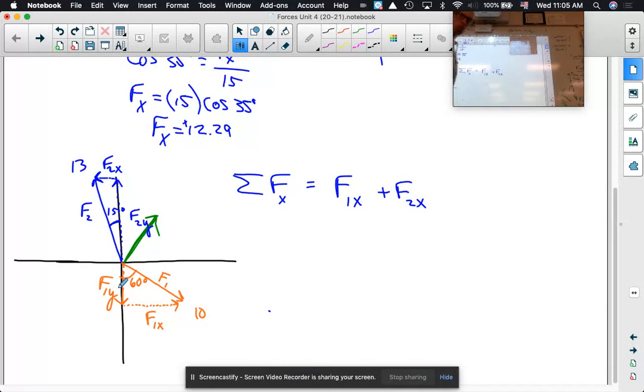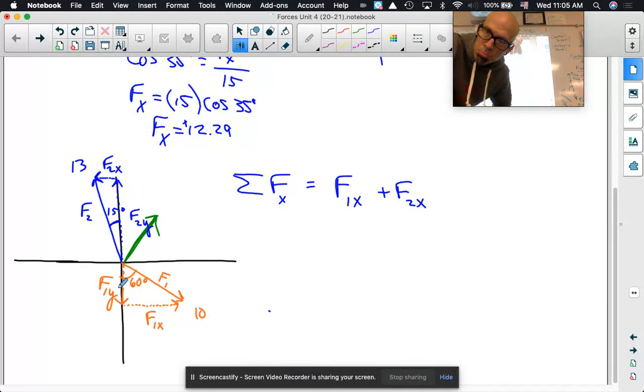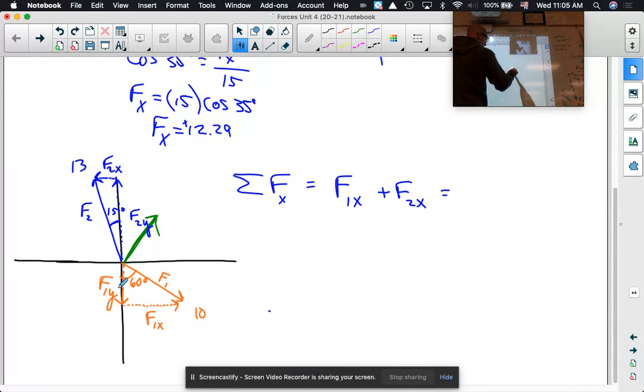And what does that equal? The resultant. I won't call it F, I'll call it R: Rx, the resultant. That's the x component of your resultant vector, the green vector.